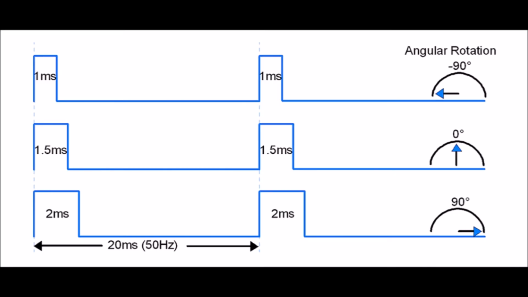If we would like to command a servo drive to the center point, 0 degrees, we would send it a 1.5 millisecond wide pulse. We can increase that pulse width to 2 milliseconds or decrease it down to 1 millisecond, and that'll give us the full range of motion from plus and minus 90 degrees of angular rotation.